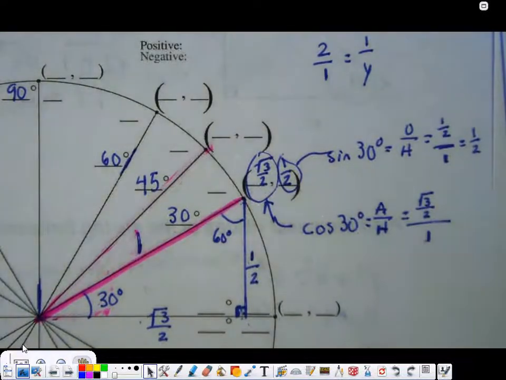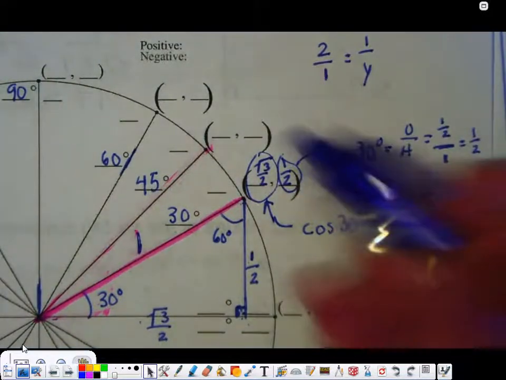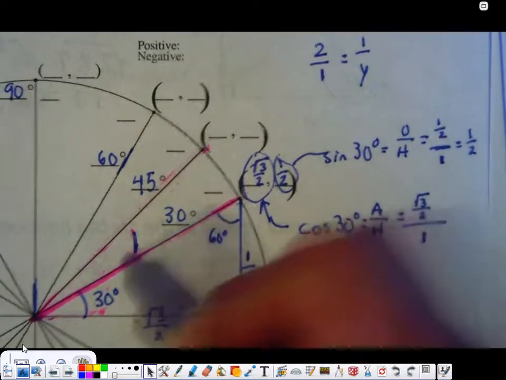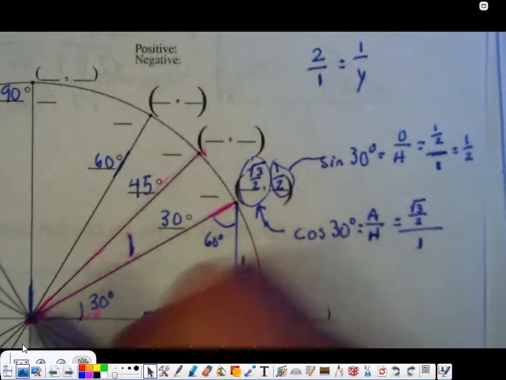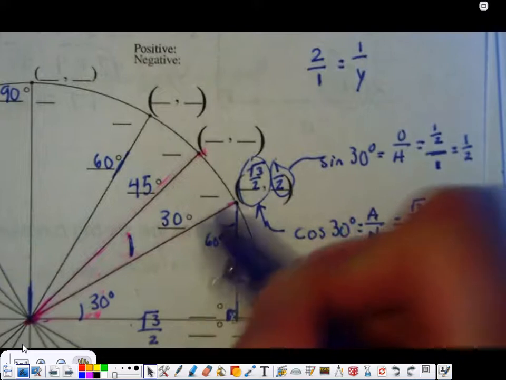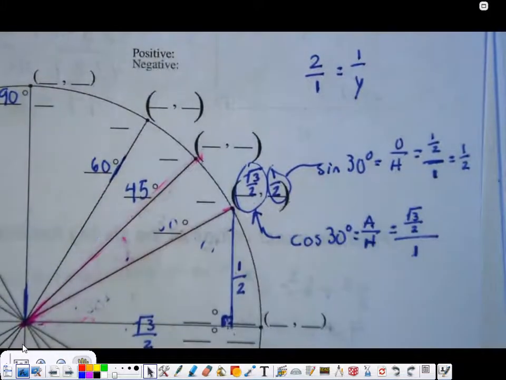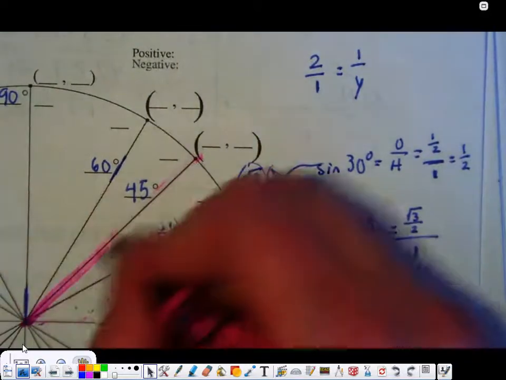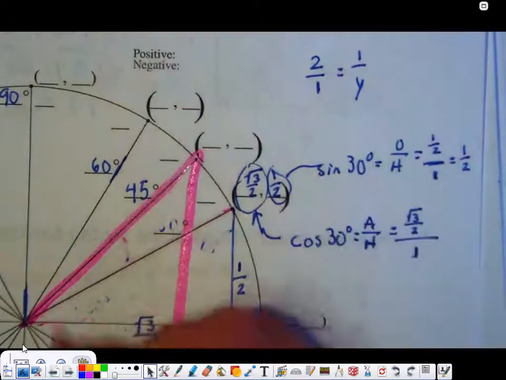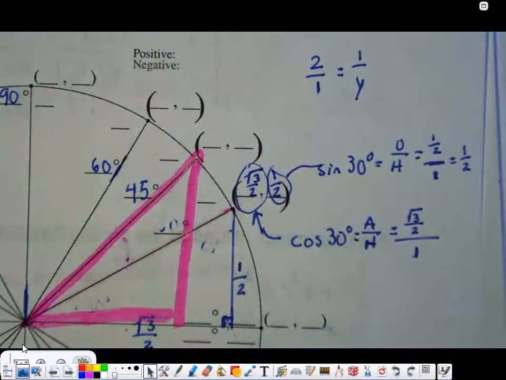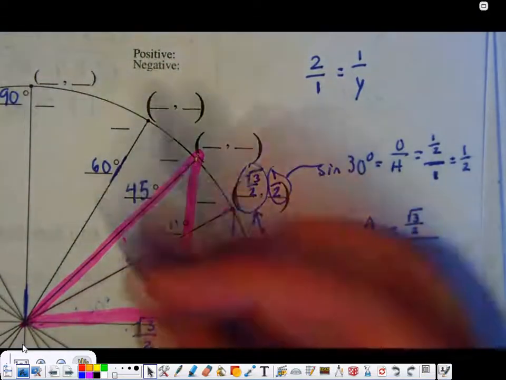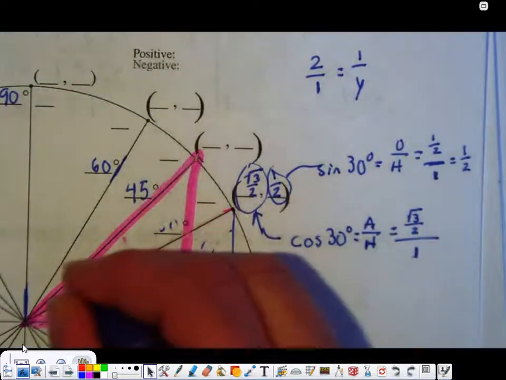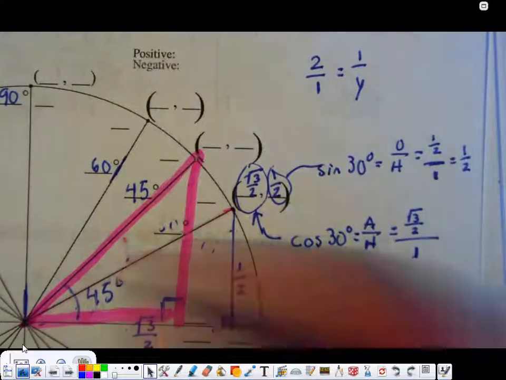Okay, now here's what I'm going to do, and it's a disadvantage you have because I'm using erasable pens. But I'm going to now look at the next one. I'm going to look at the 45, 45, 90. Okay, so I'm going to look at this guy. Okay, so this we already measured was 45 degrees.